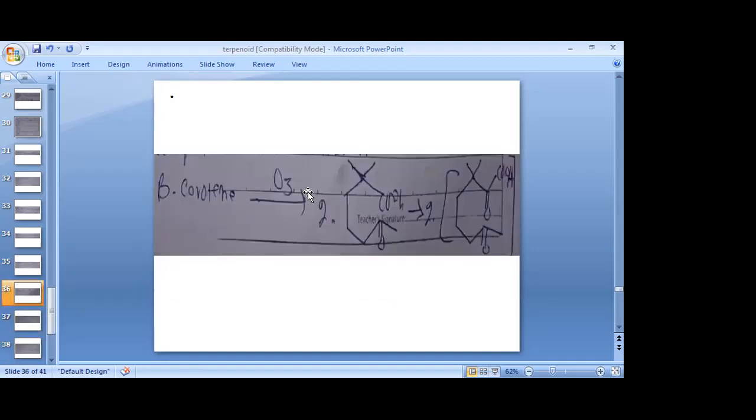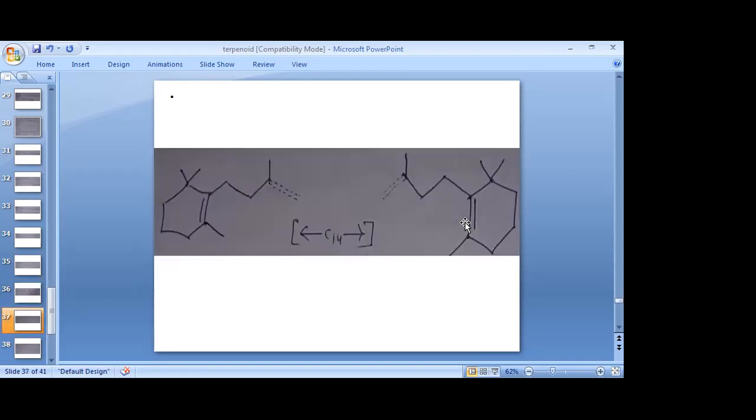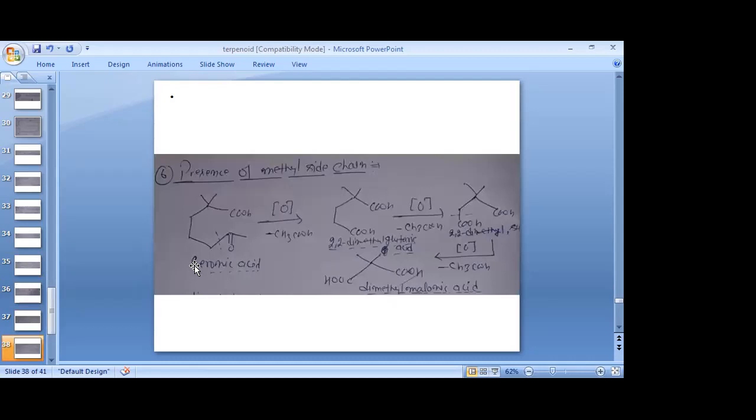When we oxidize beta carotene by ozone, it converts into these types of compounds, and this compound is called geronic acid. Here there is COOH, here C double bond O and CH3. When we oxidize that compound with a strong oxidizing agent which easily releases nascent oxygen, one CH3COOH is removed.